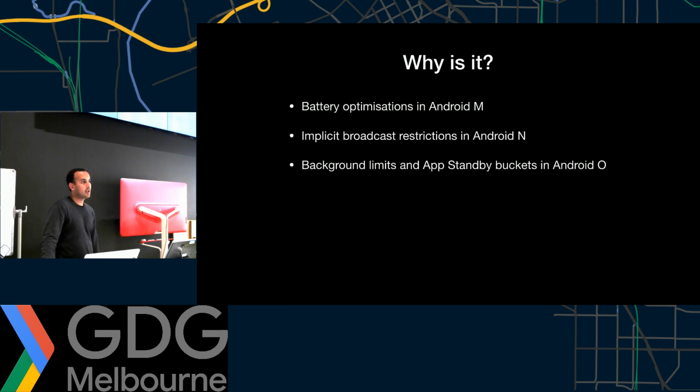And also background app limits and app standby buckets. As soon as you background your app, it goes into a background process bucket, and it will eventually be killed off. Services run in the same process as your app, and you can't specify constraints, so it's probably bad design, and that's why Work Manager comes into the picture.